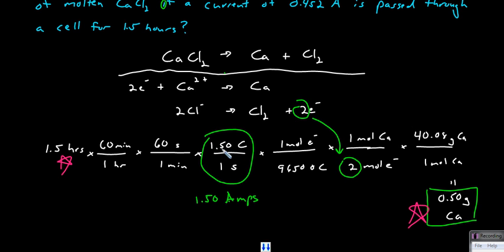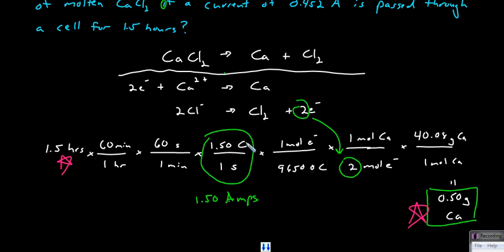So we know that this is the number of coulombs per second. We know we're running it for 1.5 hours. So how many coulombs will be transferred if we run it for 1.5 hours at this current? All right, so convert your hours into seconds, and then for every 1 second, 1.50 coulombs are transferred.